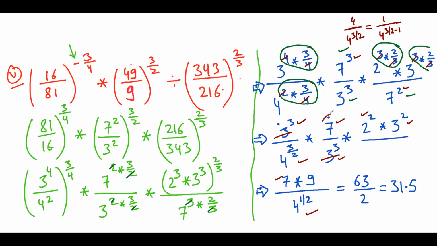So 7 is accounted for. This is accounted for. This is accounted for. This is accounted for. So I have 9 into 7 is 63. This is square root of 4. Square root of 4 is 2. And the final answer is 31.5. So this is the answer that we have got.